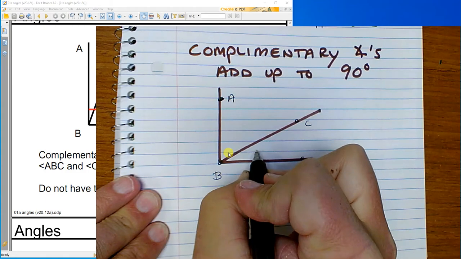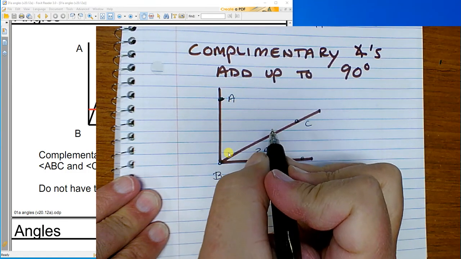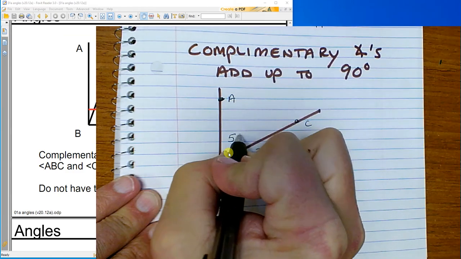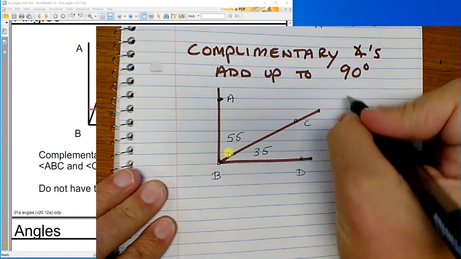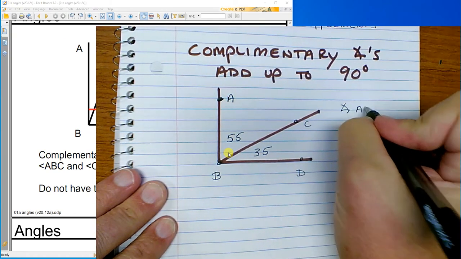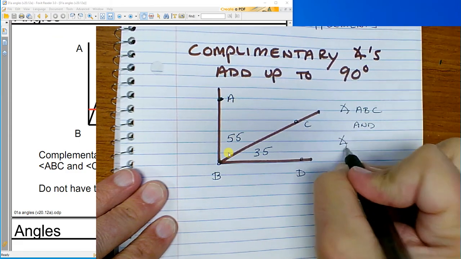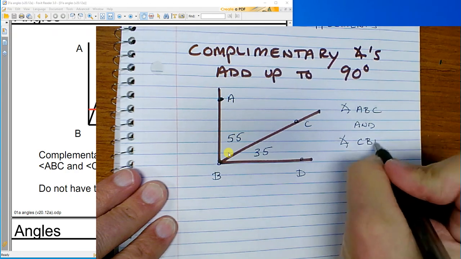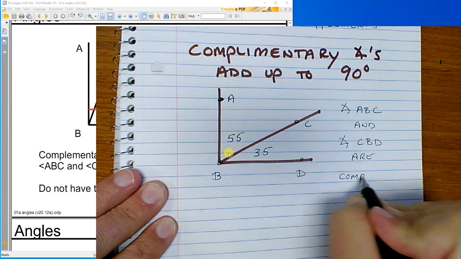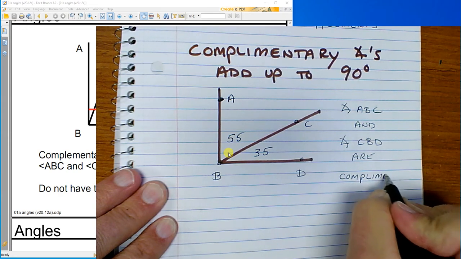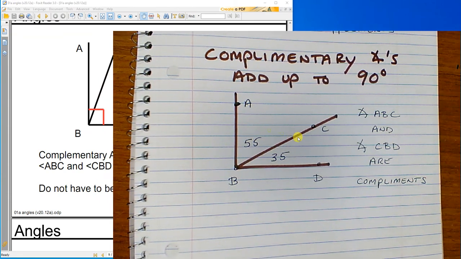So maybe here, this is a 35 and this is a 45, that's not 90, right? 55, 60, 70, 80, 90, good. So angle ABC and angle CBD are complements, because they add up to 90 degrees.